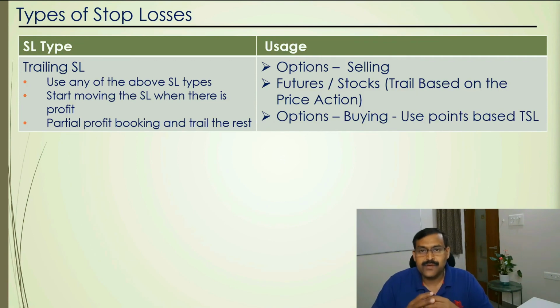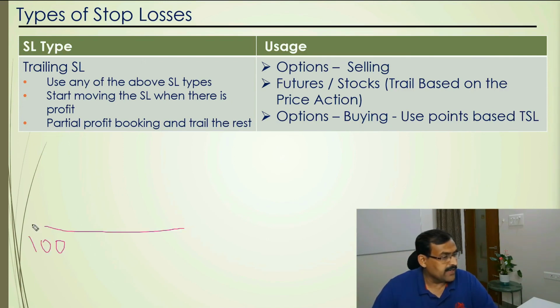Friends, the next type of stop loss is the trailing stop loss. The trailing stop loss is nothing but you start the trade with any of the stop losses that we have discussed, and when the position is in profit, you will keep shifting the stop loss. Let us say, for example, you have bought an option or a stock expecting that it will go up and your stop loss is 20 rupees.